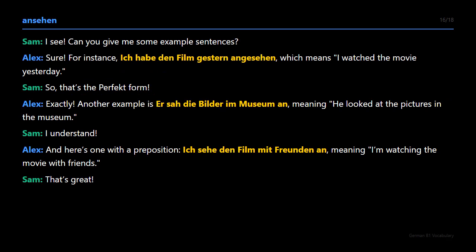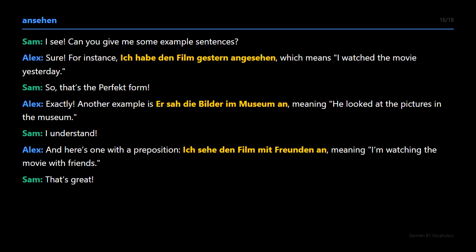Another example is, er sah die Bilder im Museum an, meaning he looked at the pictures in the museum. I understand. And here's one with a preposition. Ich sehe den Film mit Freunden an, meaning I'm watching the movie with friends.